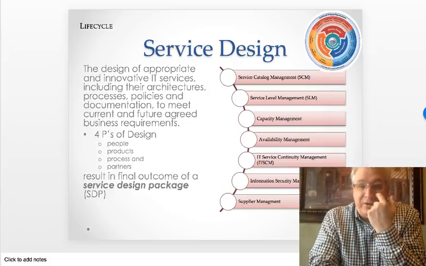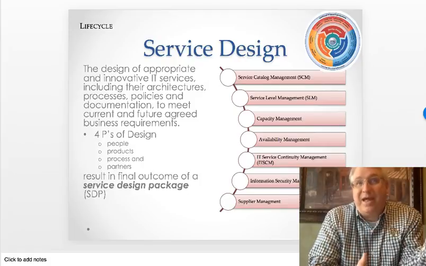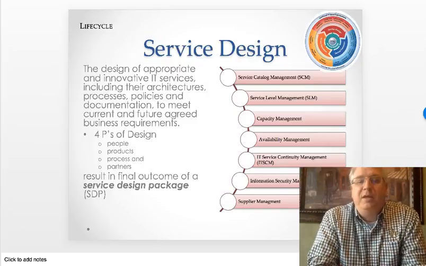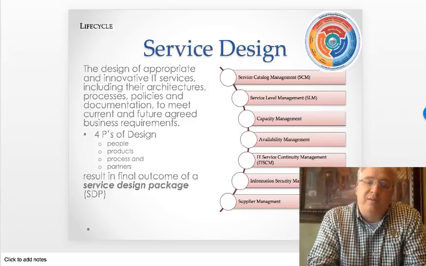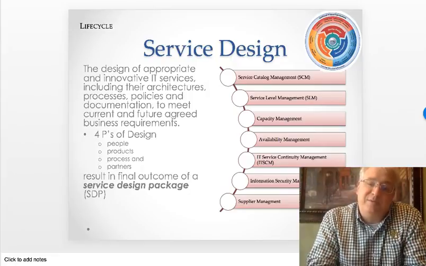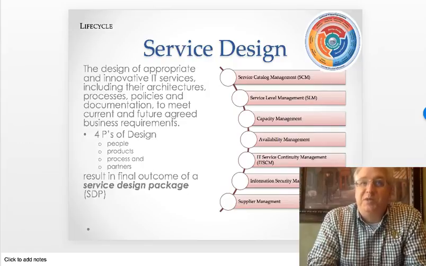It's the idea that whatever technology you're developing has the capacity to deal with the load that's being put on it, and it's available when it needs to be available. We also talked about information security management there, and its role. Whatever service you're designing needs to be secure and protected and not raise the risk of the organization.